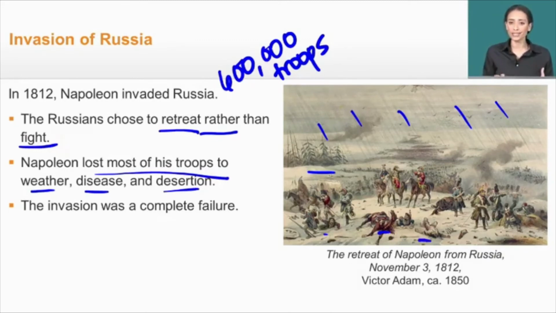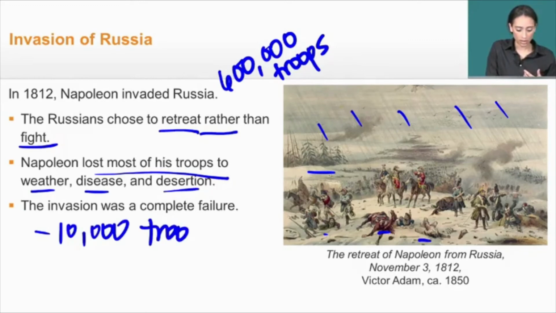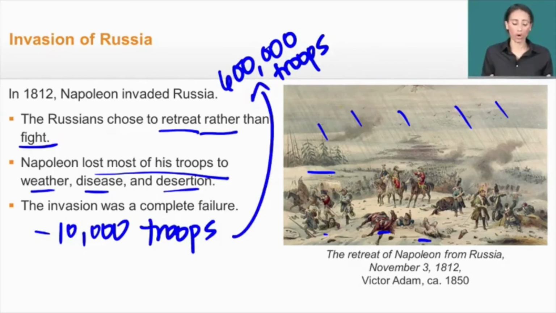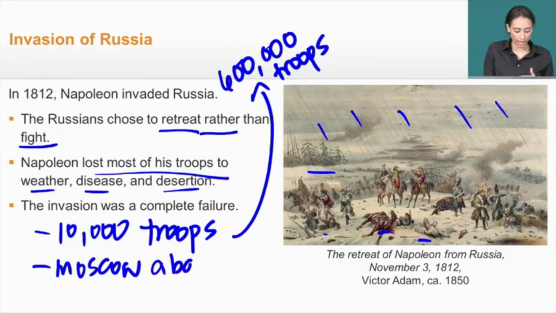Now, ultimately, this invasion is considered kind of a complete failure for obvious reasons, as we can see in the painting, but also because Napoleon finds himself with fewer than 10,000 troops by the end of this winter. So you can see a significant loss in the amount of support that he had. As well, when he arrived in Moscow to confront Alexander I, it had been mostly abandoned.